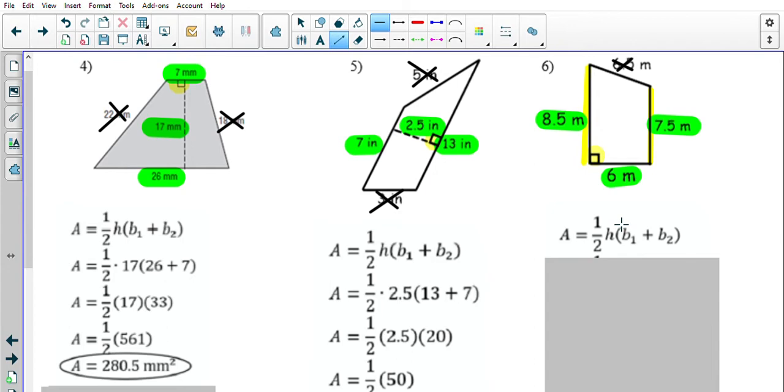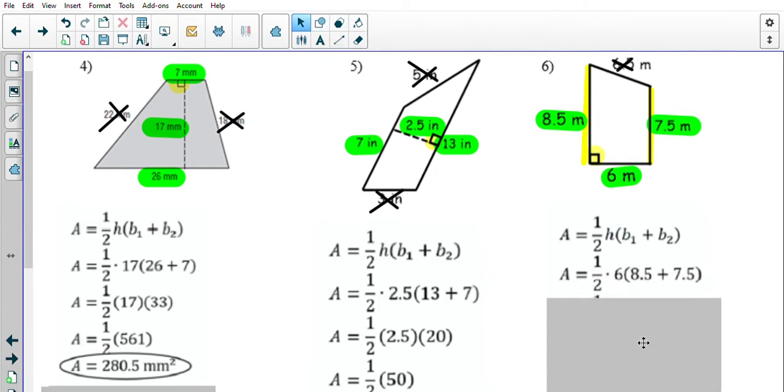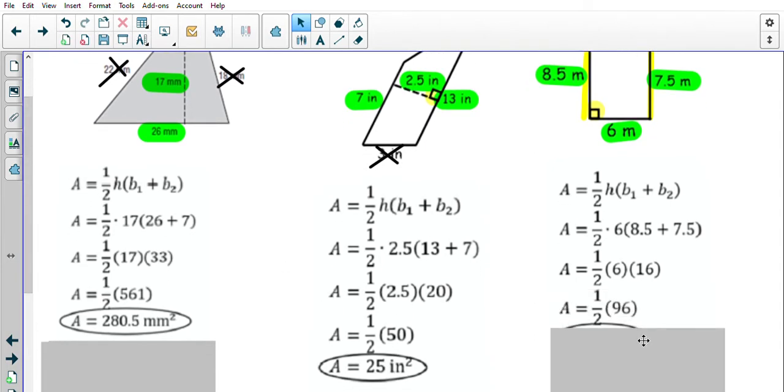But you can't mix up the height. The height has to be 6 here. So we're going to do half times 6, and then in parentheses 8.5 plus 7.5. That gets us half times 6 times 16. 6 times 16 is 96, and half of 96 will be 48 meters squared.